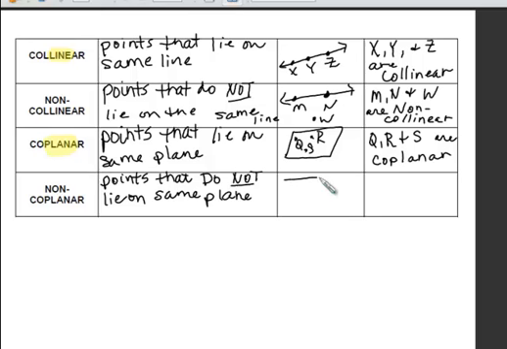So if I were to draw a plane, and I got some points on here, M, N, O, and then I have a point somewhere not on that plane, I could definitely say that M, N, O, and A are non-coplanar.